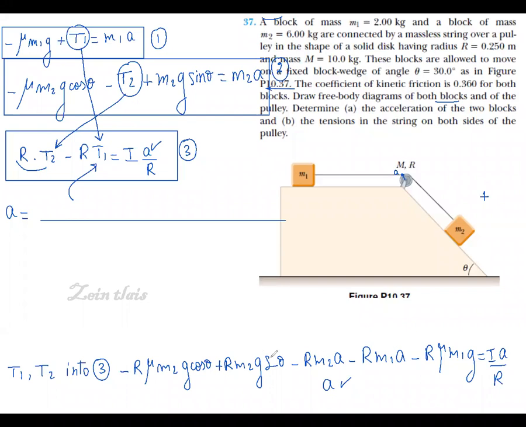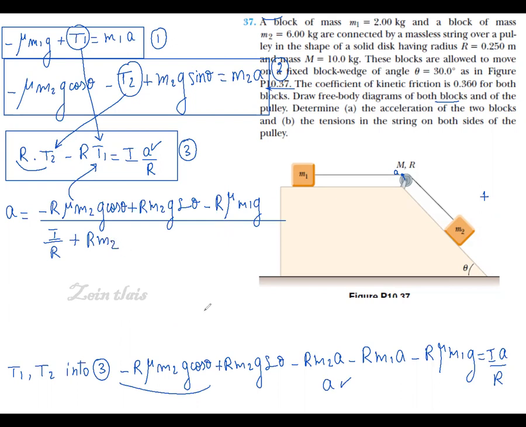Here, A equals minus R mu M2G cosine theta plus R M2G sine theta minus R mu M1G, divided by I divided by R plus R M2 plus R M1. Okay, we have all the values.